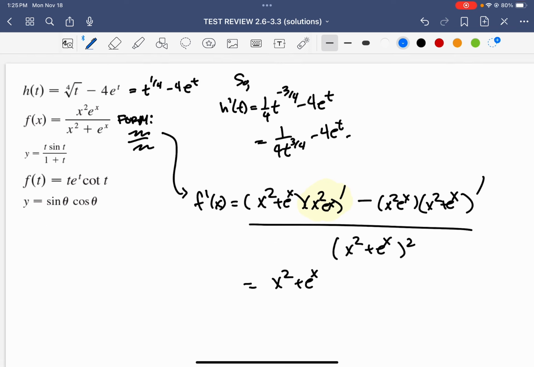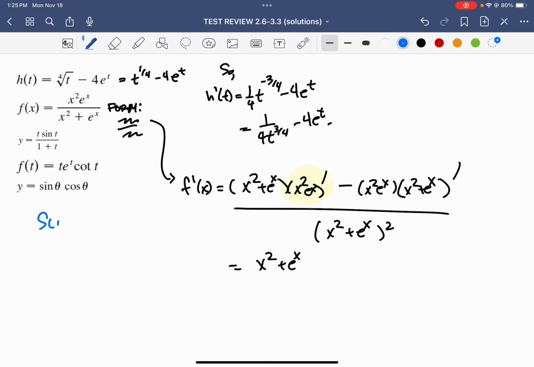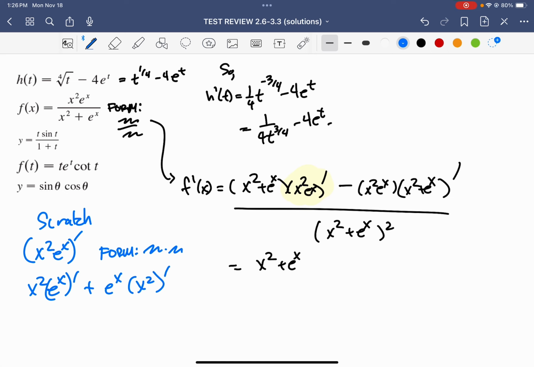So this over here on our scratch paper, if you have to take this derivative, its form is just the product rule. Stuff times stuff. So it's going to be first times the derivative of the second plus the second times the derivative of the first. So that's going to be x squared e to the x plus 2x e to the x.